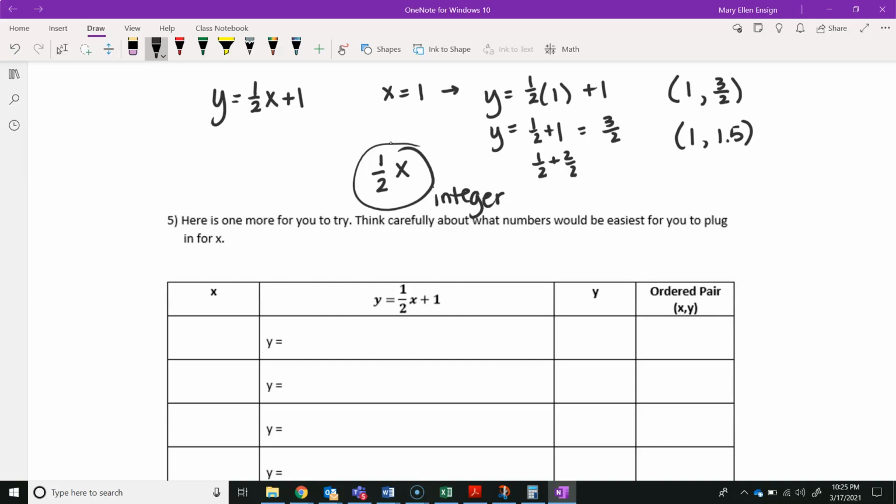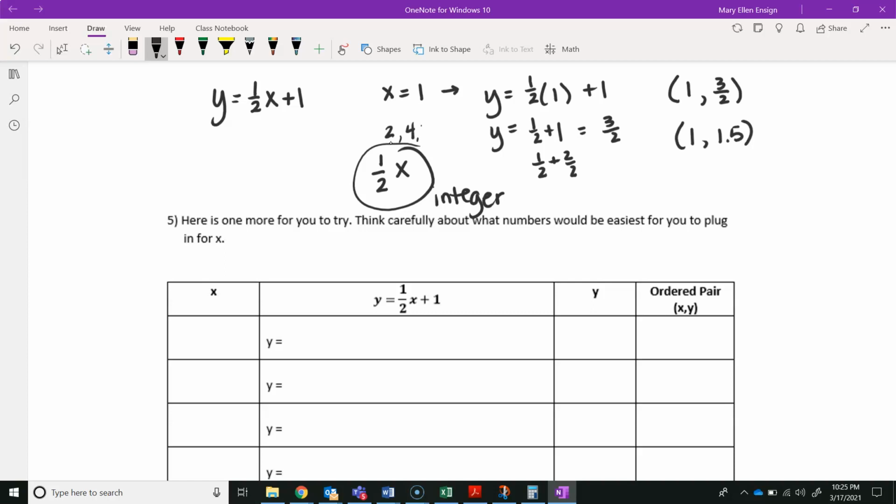Well, what would that have to look like? My denominator would have to cancel out. So what kind of numbers would be best to plug in for x if I want that denominator to cancel out? Something like 2 and 2 would cancel out. Or if I had 4, 2 goes into 2 once, 2 goes into 4 twice, that would cancel out.